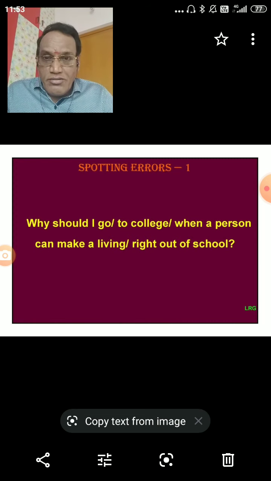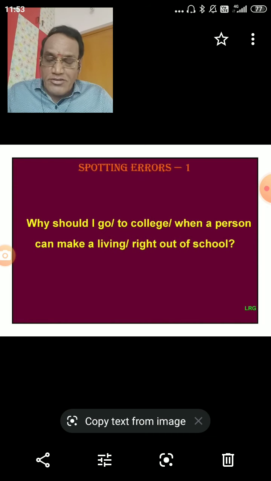Now you may be tempted to ask a question. A person is singular. Okay, that phrase a person, which we are using in the main clause, is singular. How can you use the plural pronoun they? The reason is we have to be free from gender bias.